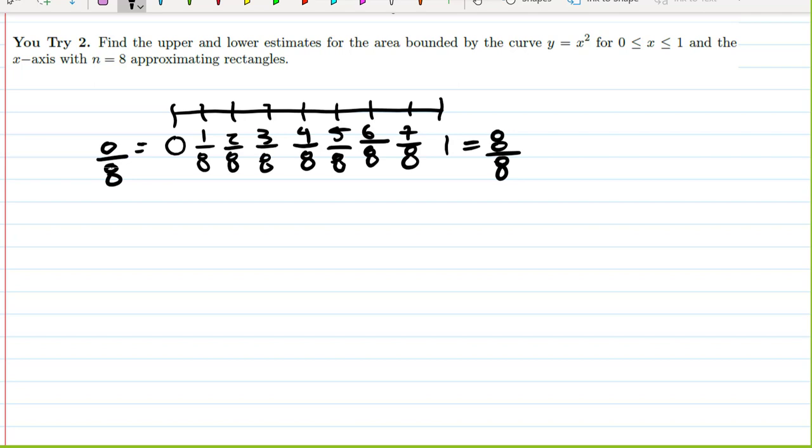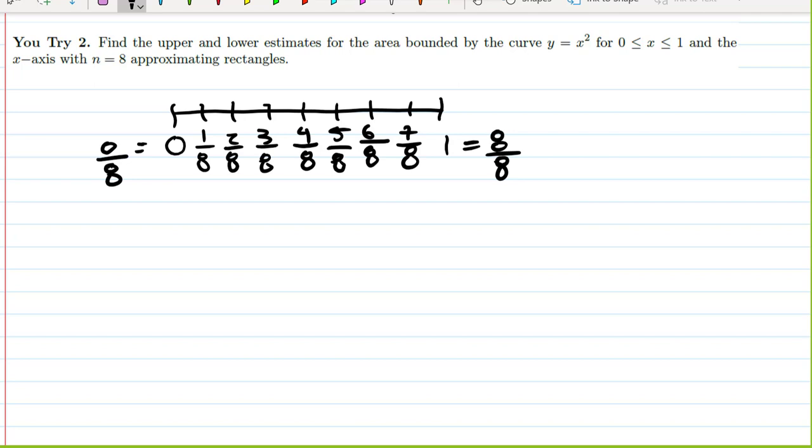So to find our overestimate and our underestimate, we're going to be using either 0 to 7/8 for our underestimate, or 1/8 to 1 to find our overestimate. So it turns out we can find a sequence that represents this.